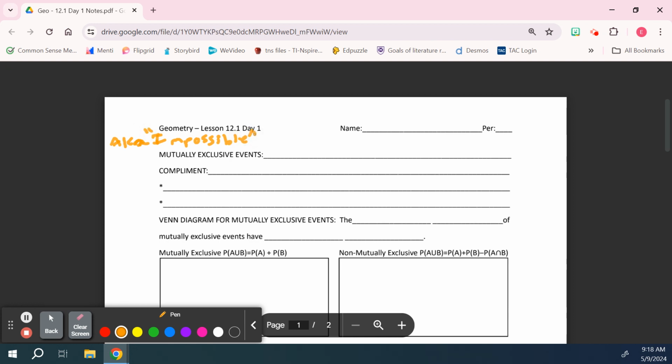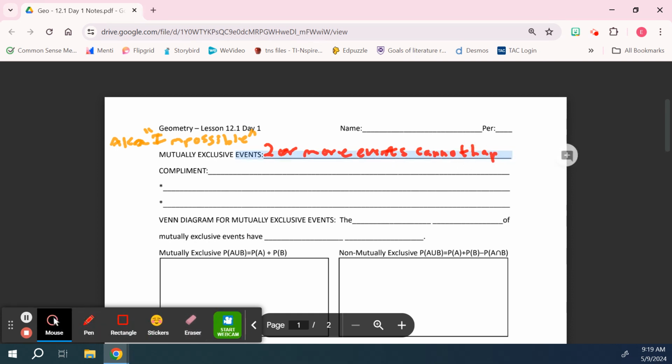These are impossible events, so this means that two or more events cannot happen at the same time.